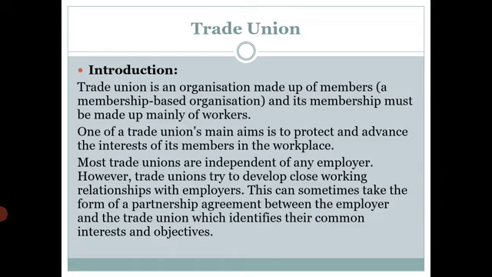Okay, now what does this trade union do? Yes, the trade union strives harder to protect and advance the interest of its members in the workplace. Okay, means what the trade union does?